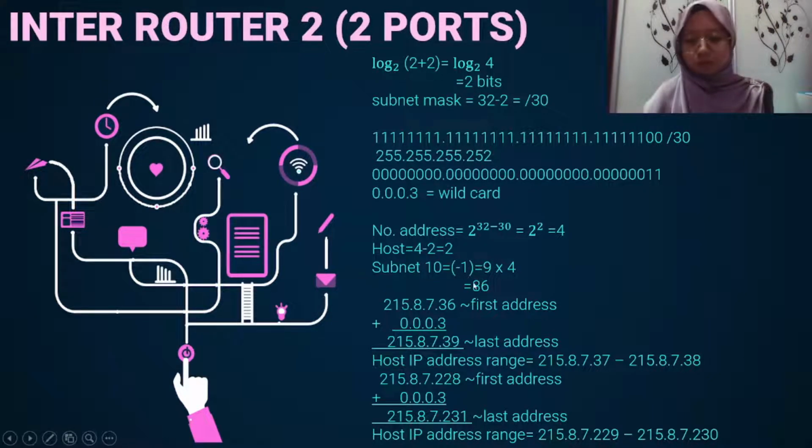Okay, for this internetwork 2, it is the subnet 10. So subnet 10 must minus 1, and then we get 9, multiplied by 4 equals 36. So for the first address, we put 36 as the fourth octet, and we add the wildcard, which is 0.0.0.3, and then we get 215.8.7.36, which is our last address.